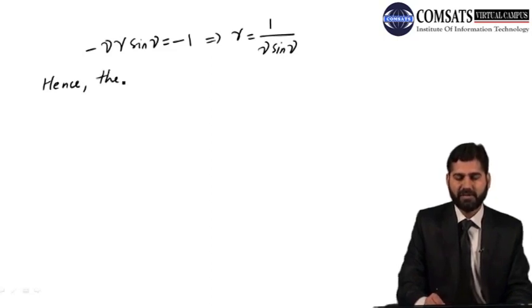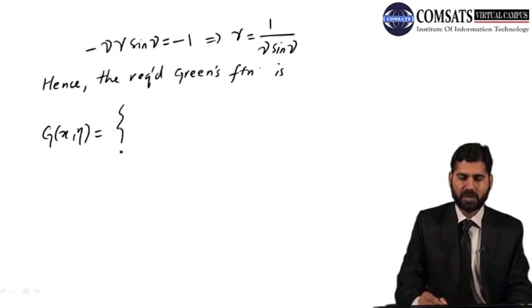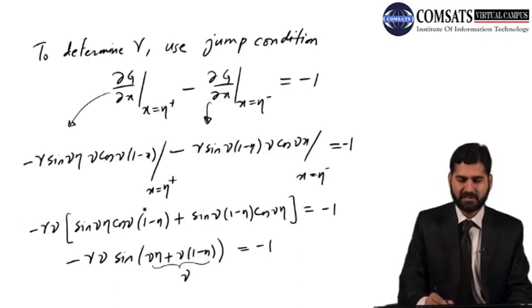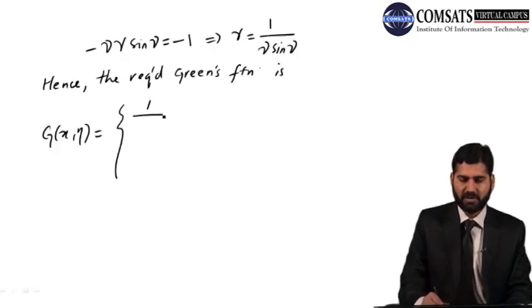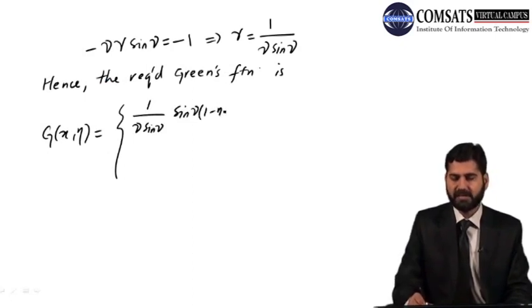So the required Green's function is g(x, eta) equal to gamma times the pieces, where gamma is 1 over nu sine nu. So this is 1 over nu sine nu, times sine nu (1 minus eta) sine nu x, for x less than eta.